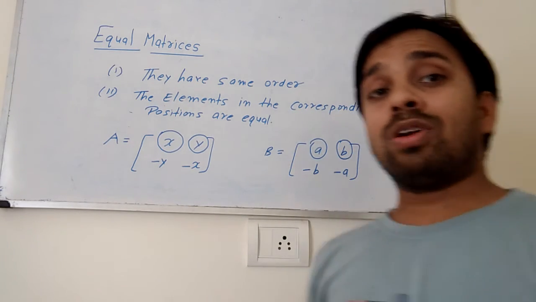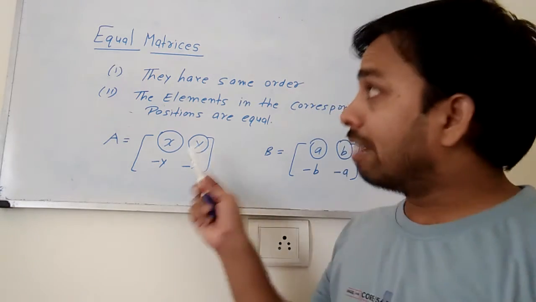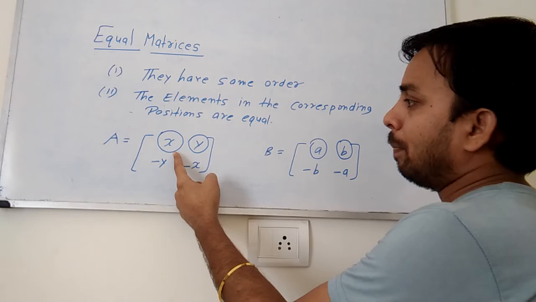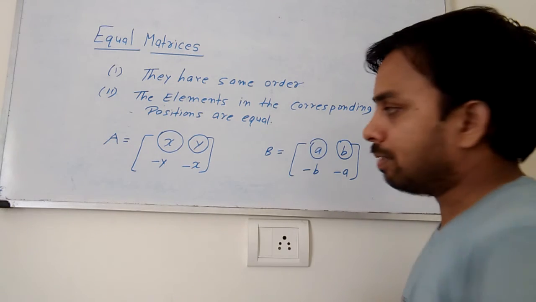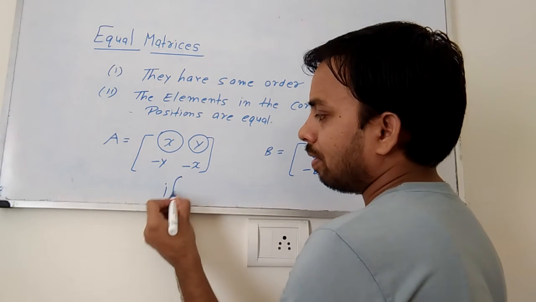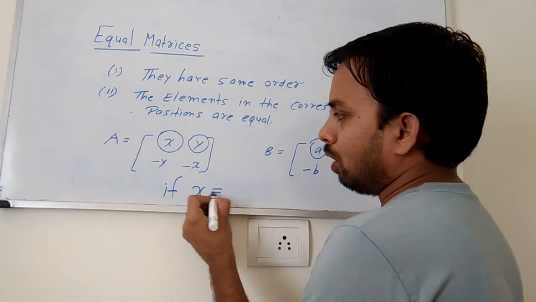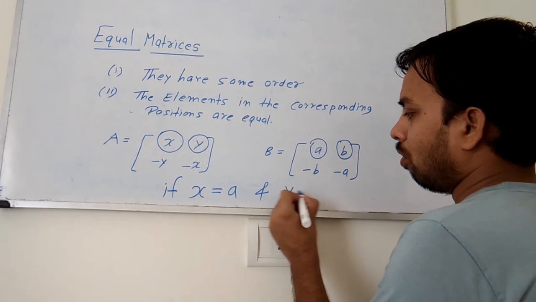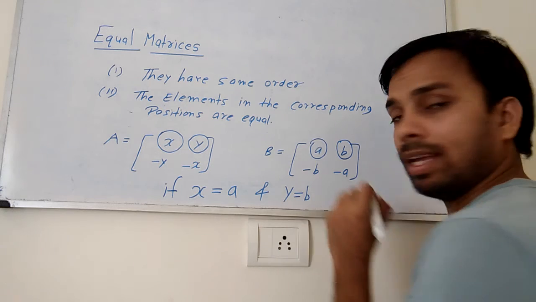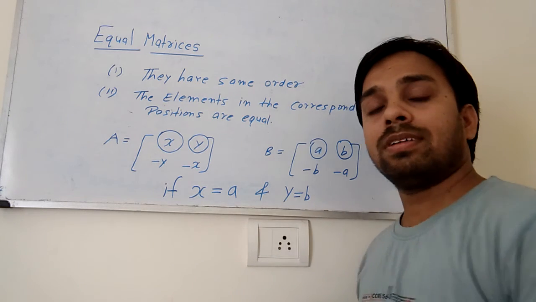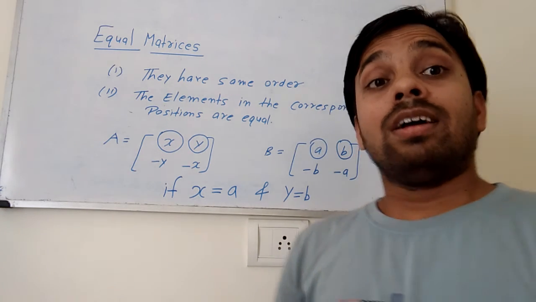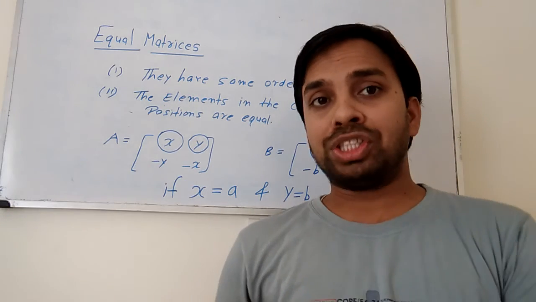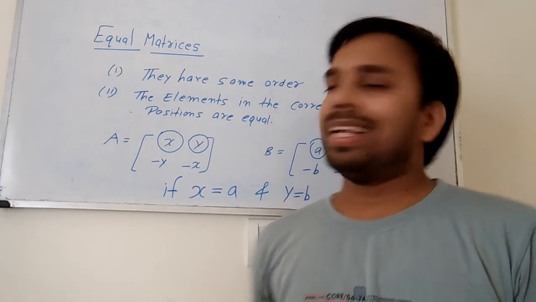For converting it into equal matrices, if the value of X becomes equal to A and Y equal to B, then we can say that the matrices are equal, because the elements in the corresponding positions should be the same.